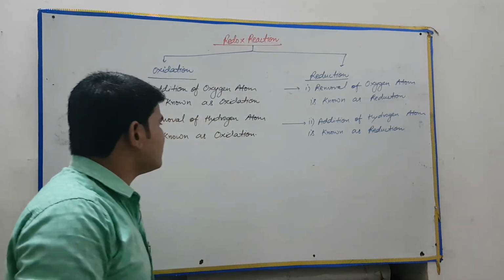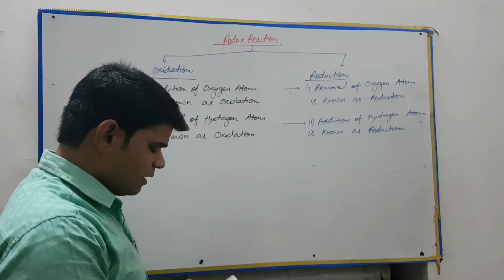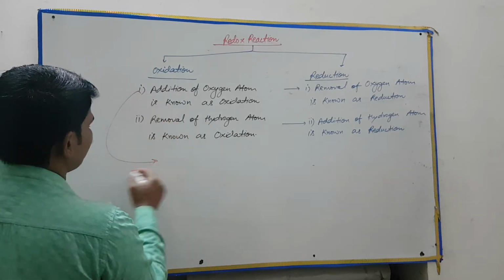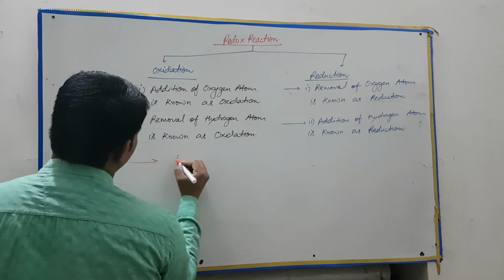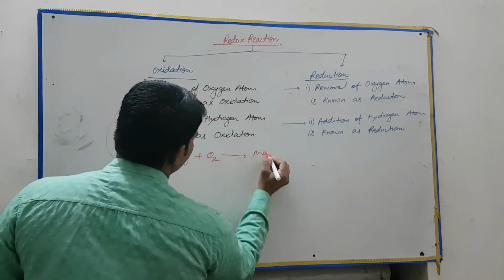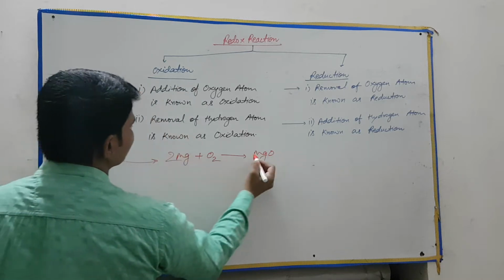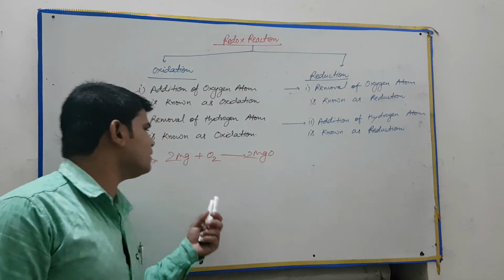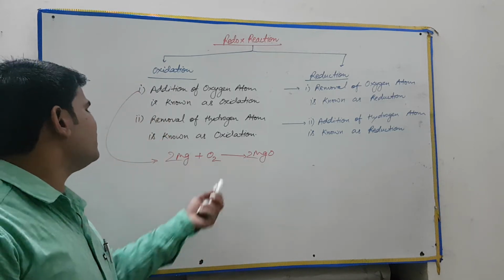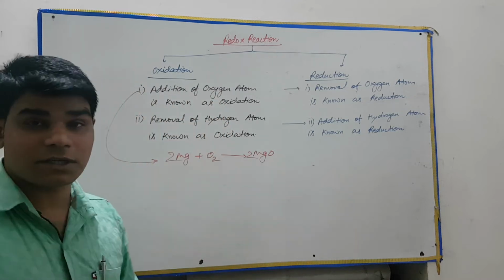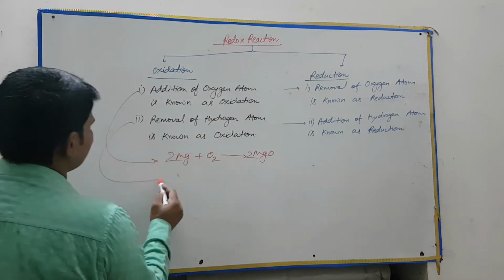But we have to discuss these reactions one by one. The first is Mg plus O2, which gives MgO. Here you can understand that any species that adds oxygen undergoes oxidation.